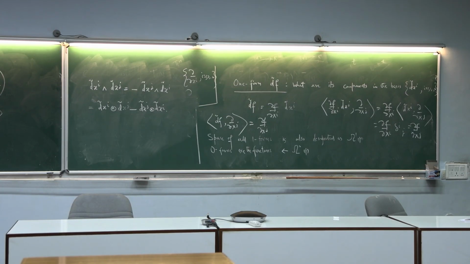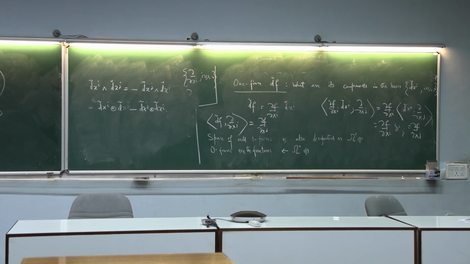Now you can ask, you have told me that if you have two basis vectors belonging to the basis of the one form, how to create another strange quantity, namely dxi wedge dxj. But what is the usefulness? What does it give me?